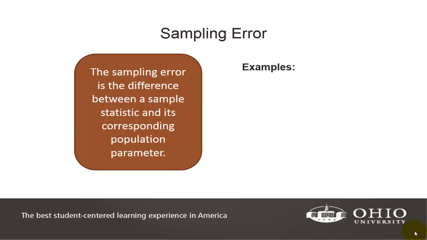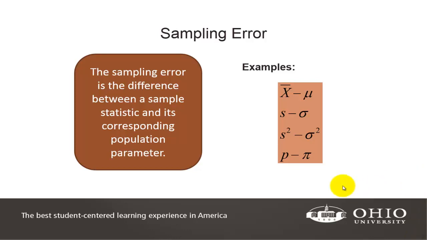All right, let's look at the second topic in this discussion, and that's the topic of sampling error. Sampling error is the difference between a sample statistic, for example, the sample mean, and its corresponding population parameter, the population mean. So we see some of them over here, and we would expect that sampling error to be small.